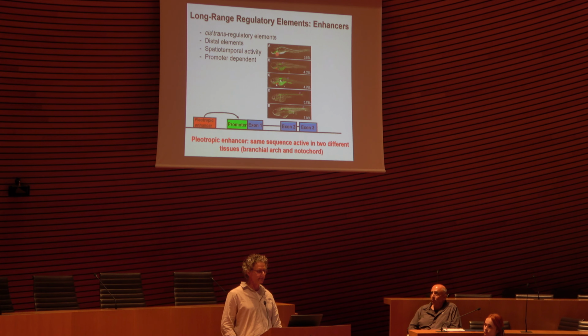You can see here in this zebrafish model, when we took this enhancer and cloned it into a GFP, green fluorescent protein, as a marker, that at early development this enhancer drove this gene and it's expressed in what we call the branchial arch.